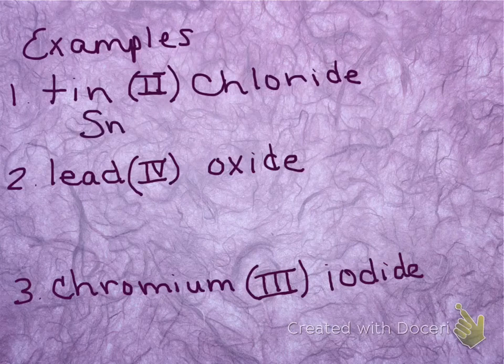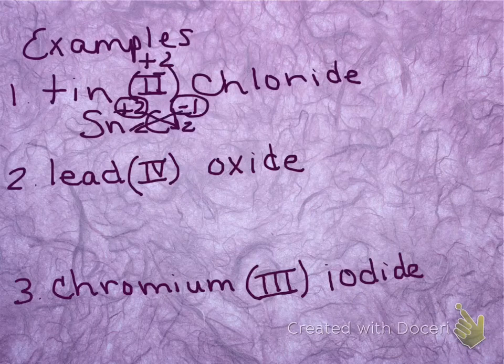Tin is Sn. The 2 tells us that it's a +2 charge. And then chloride is Cl. Look at your periodic table, it's -1. We're going to crisscross charges. So this is going to be SnCl2.